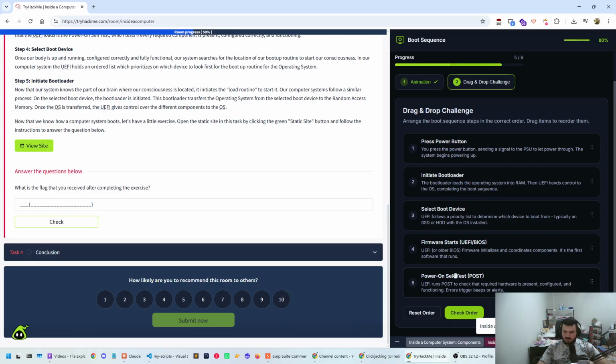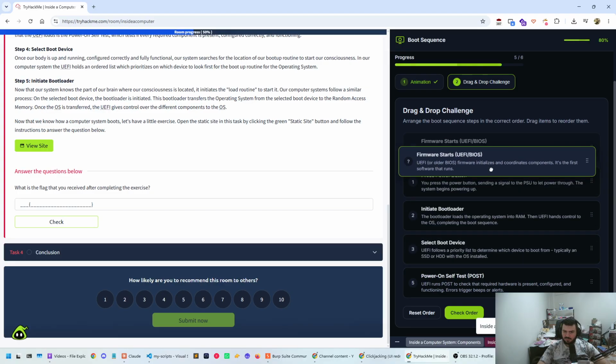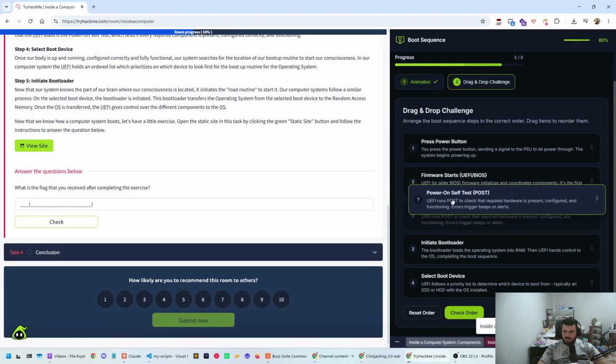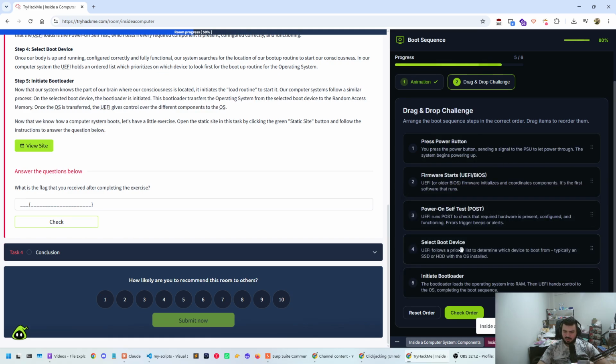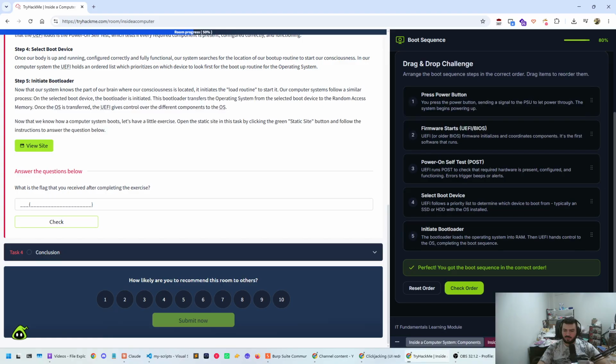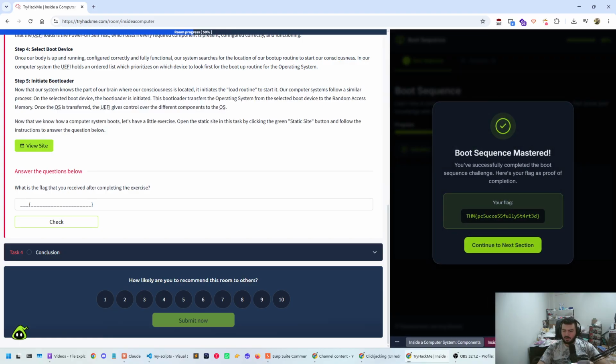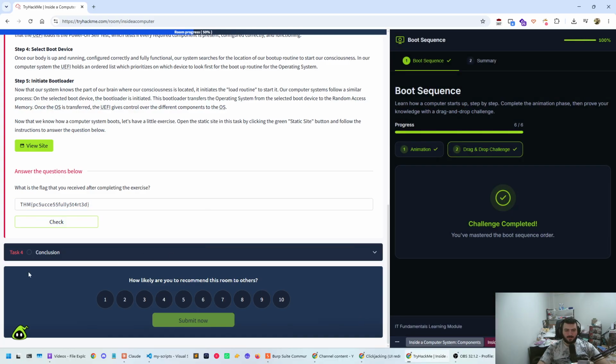So I guess you would do firmware and then POST, and then select the boot device, and then bootloader. There you go. PC successfully started. Cool. All right.